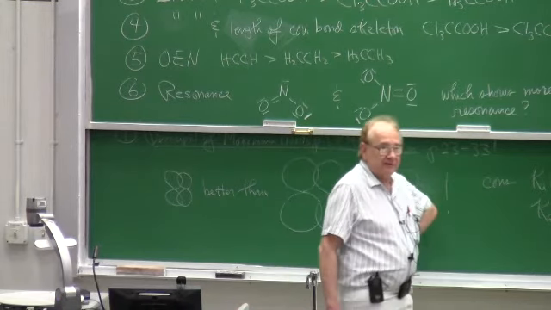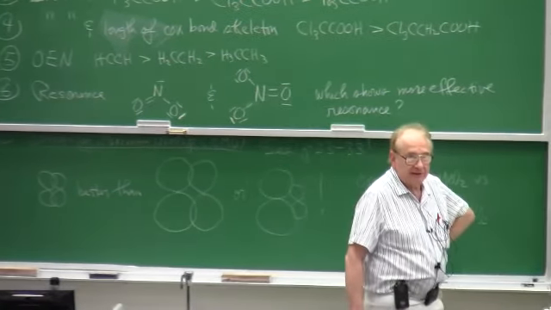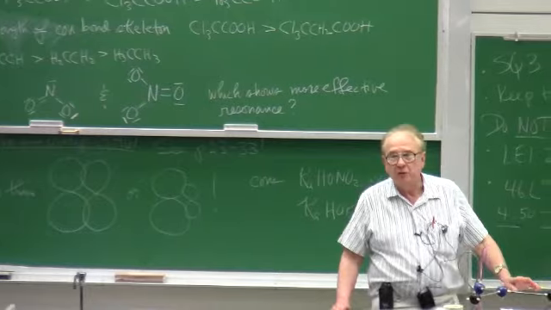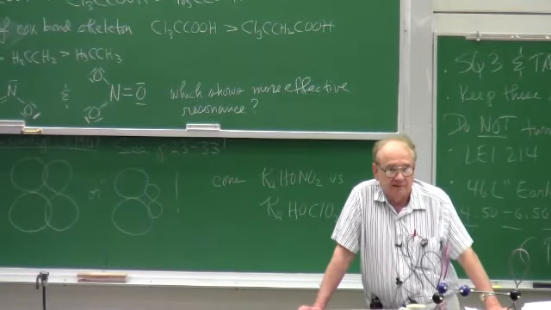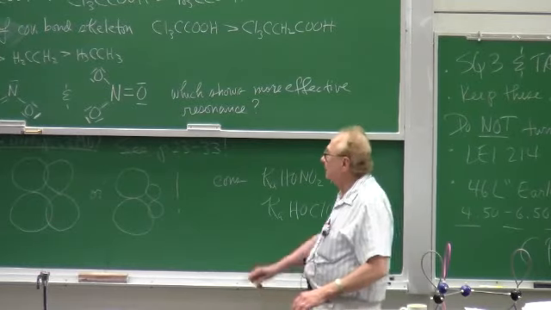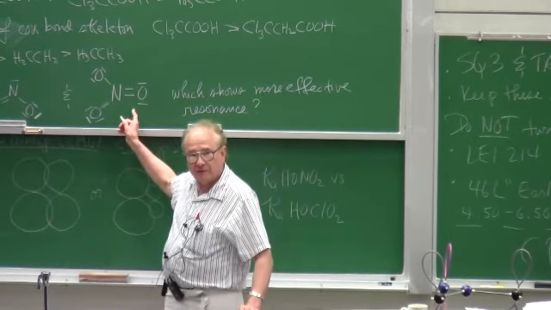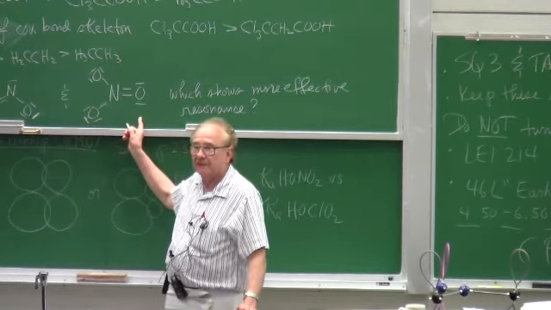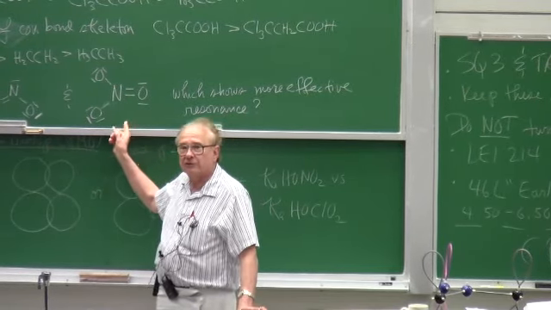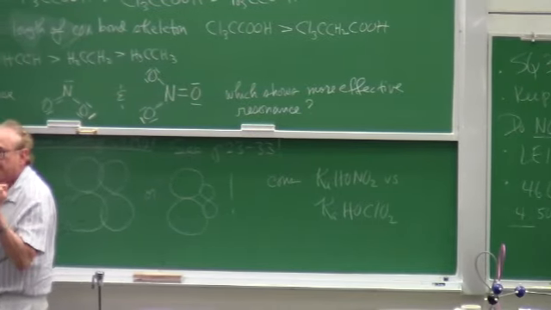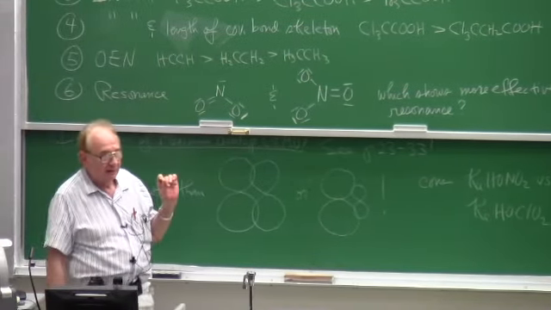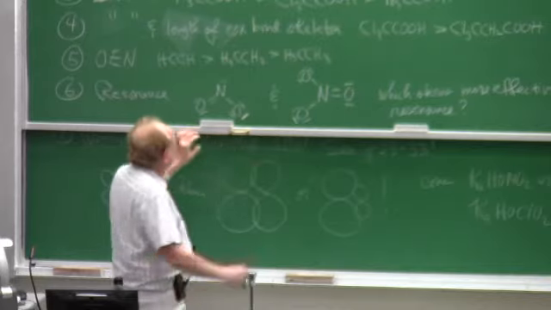And the answer is that species for which you can write more acceptable resonance forms. No more, no less. Three resonance forms versus 2. So this is better. Now you can also come to that realization if the species in question have the same total degree of charge, like these, they're each -1.